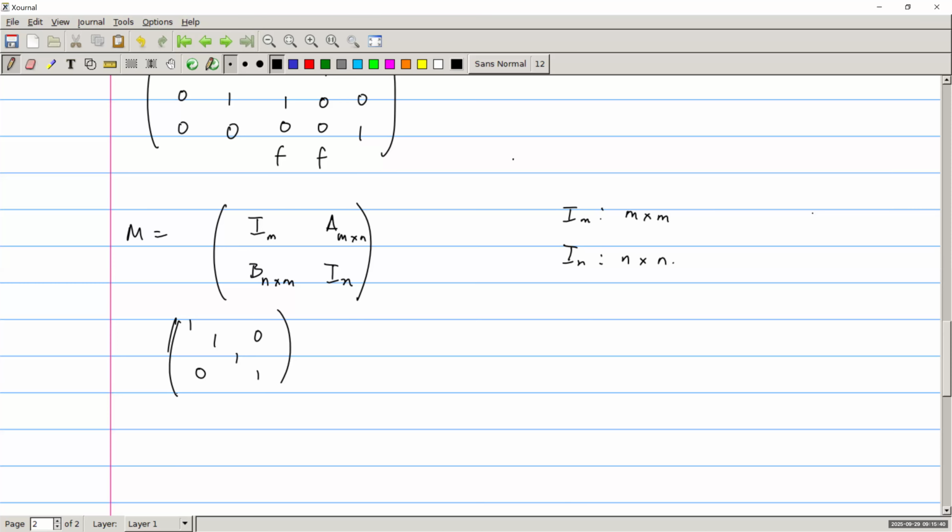For example, to zero out this matrix, the second block becomes the second block minus B times the first block, and it will just work out perfectly.